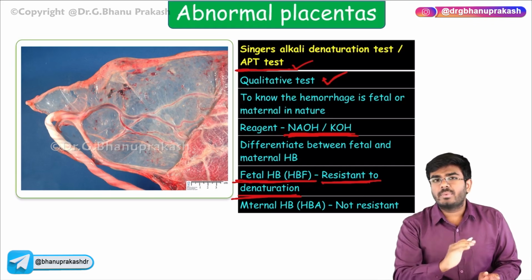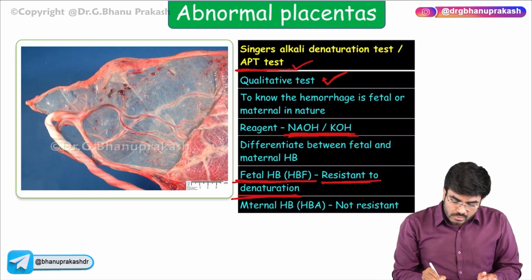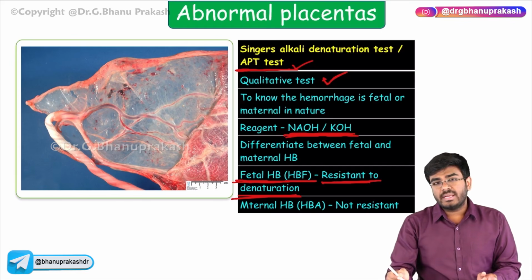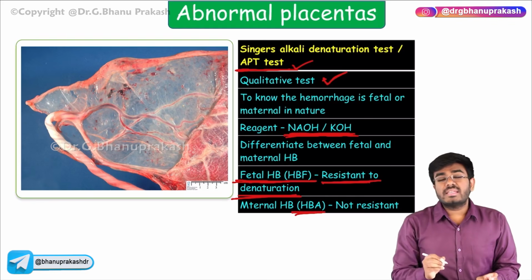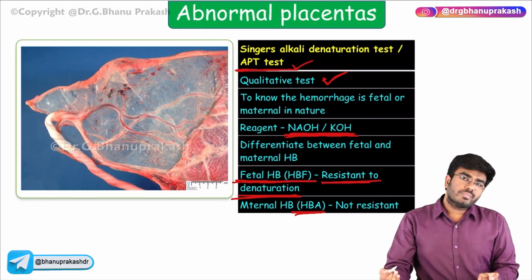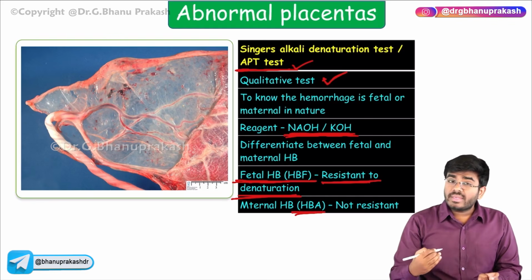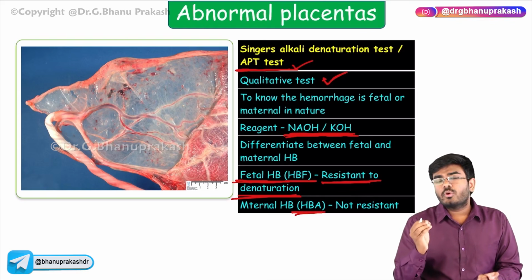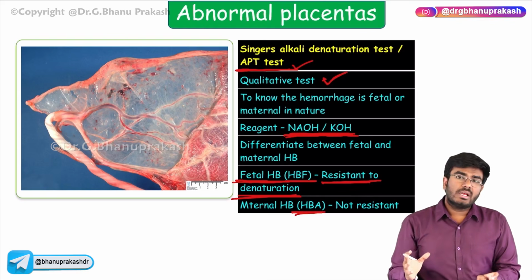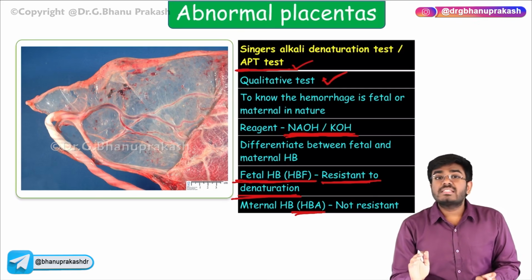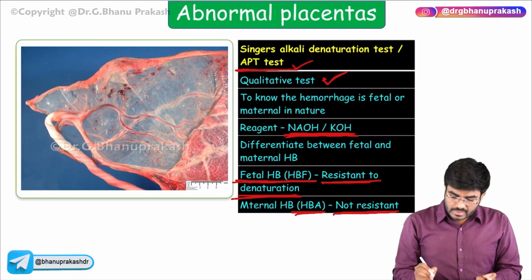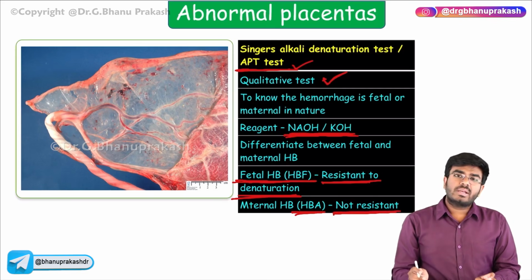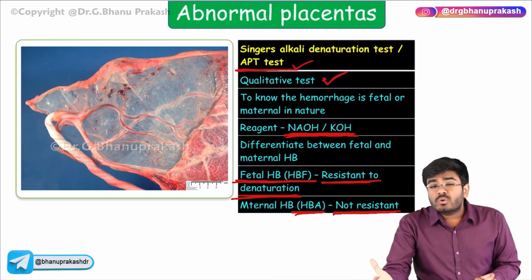The moment you add sodium hydroxide or potassium hydroxide, maternal blood has hemoglobin A, which is not resistant to alkalis. Hemoglobin A is sensitive to alkalis, so it will be denatured and the color of the blood will change. The blood will become almost colorless.